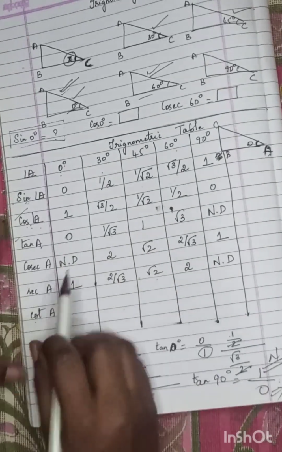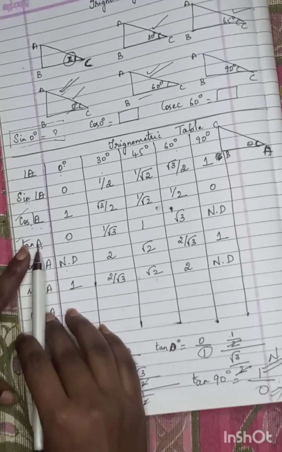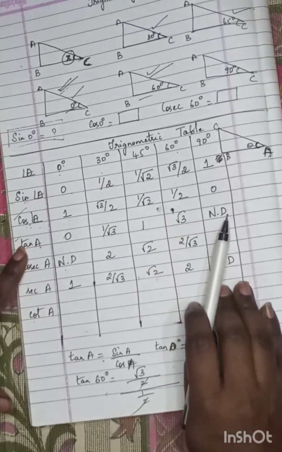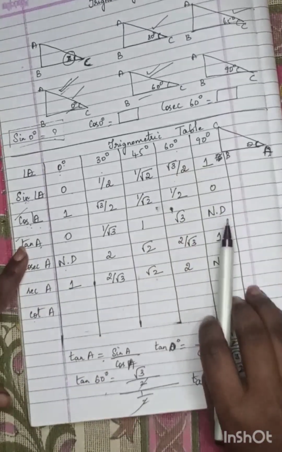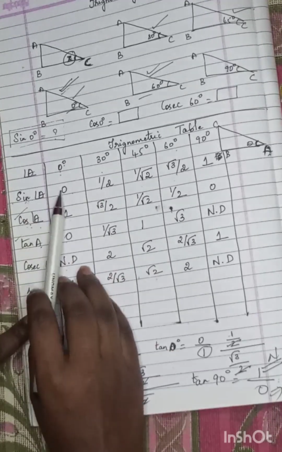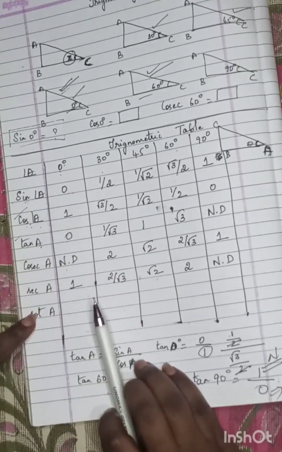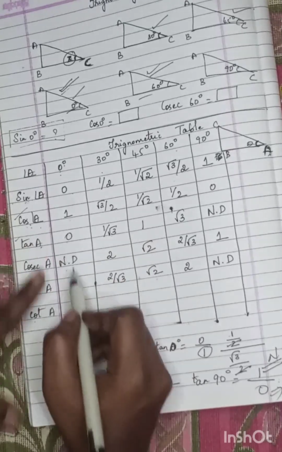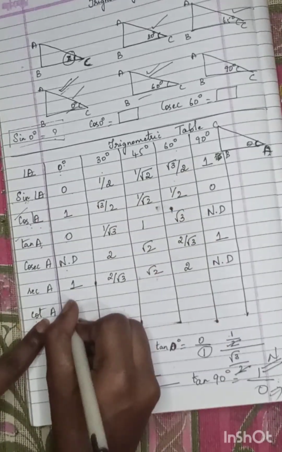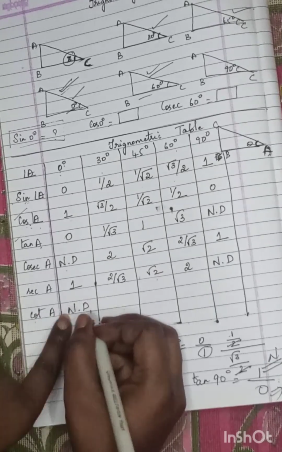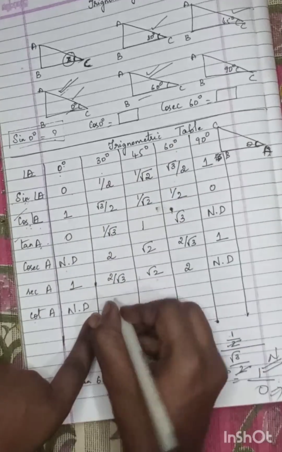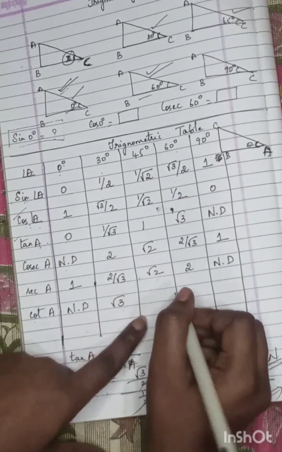So now let us write the values. Now tan 0 degree is 0. Tan 90 degree is not defined. Tan's 90 degree value will become cot's 0 degree value. Like how we had written for sine and cos, similarly we will be writing for tan and cot. So now cot 0 degree will be tan 90 degree's value, that is not defined. Next, cot 30 degree will be tan 60 degree's value, root 3.